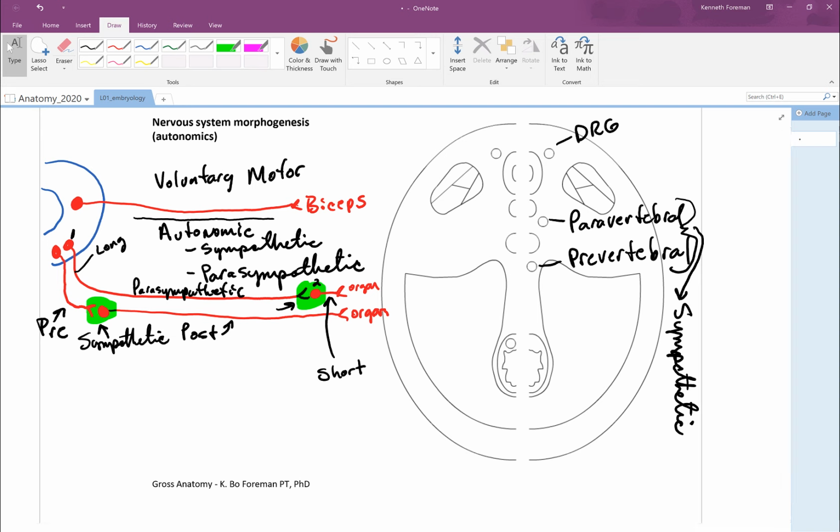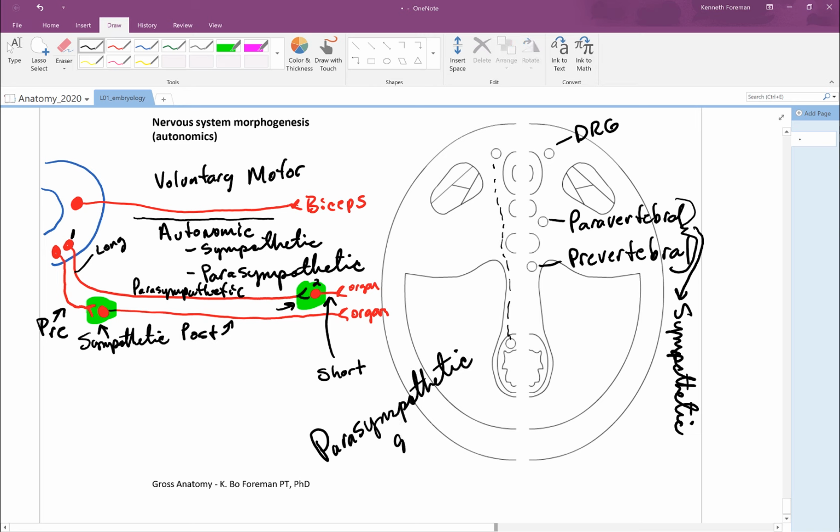Also, those neural crest cells will migrate down really close to the organ. These become the parasympathetic ganglion. Okay. So all of these are migrations from the neural crest.